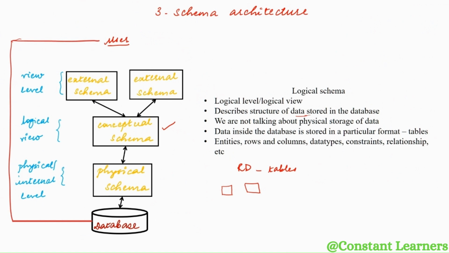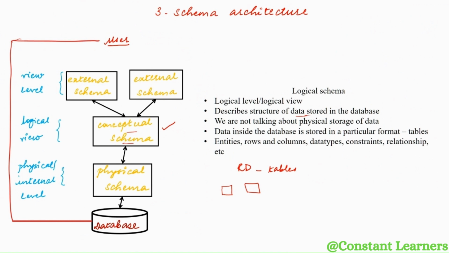What kind of data is going to be stored inside each of these tables? What kind of data will each of these columns hold? All of this is decided in the conceptual schema. This is the blueprint of the entire database design.